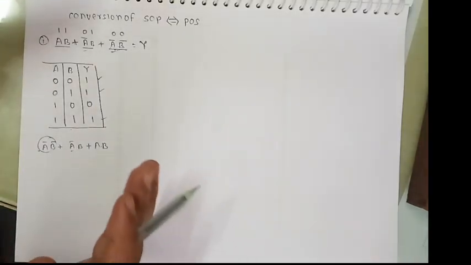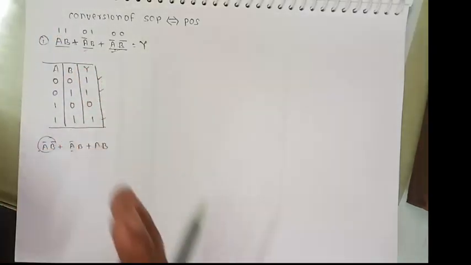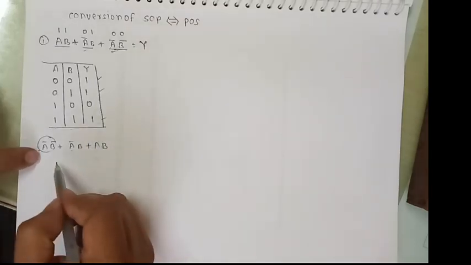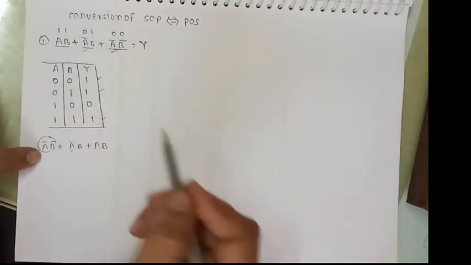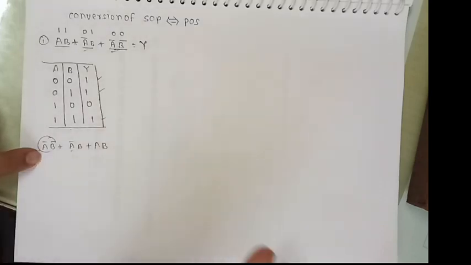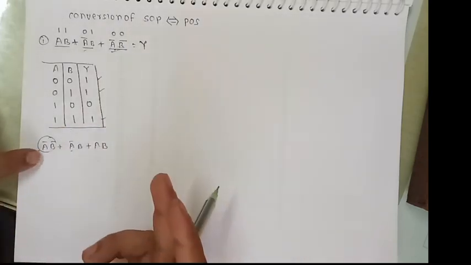So we can write the equation from the truth table, and from the given equation we can draw the truth table, meaning we can perform both operations.